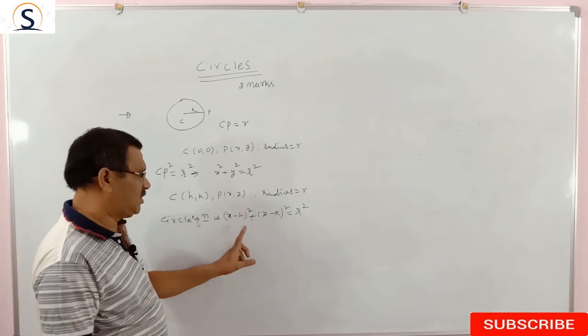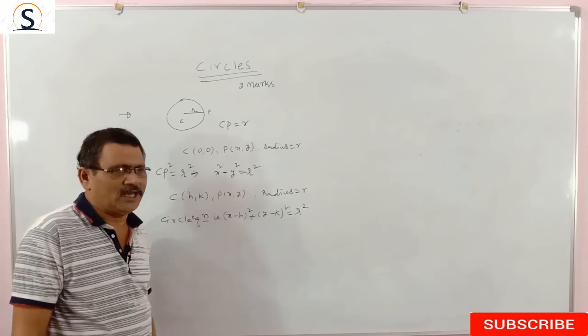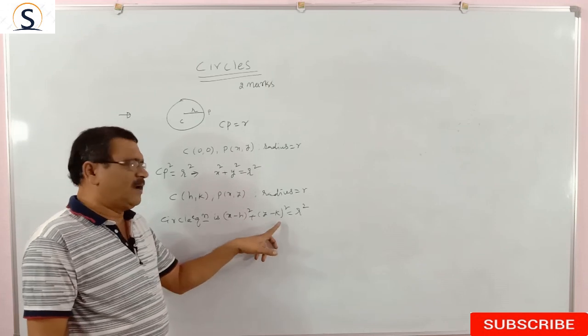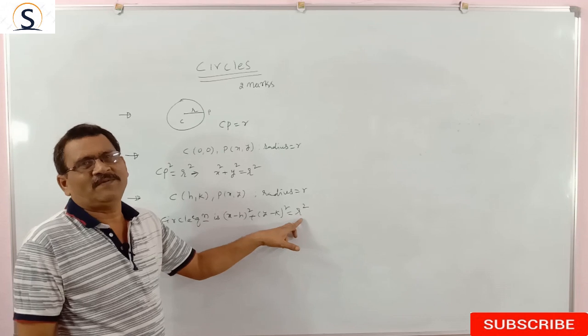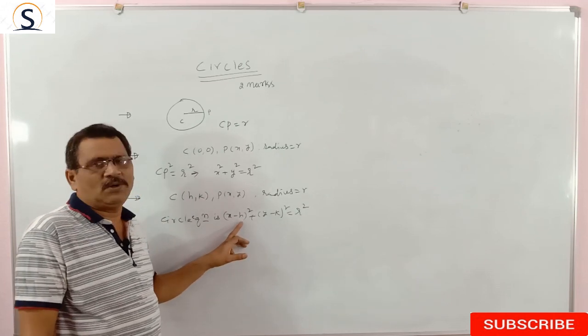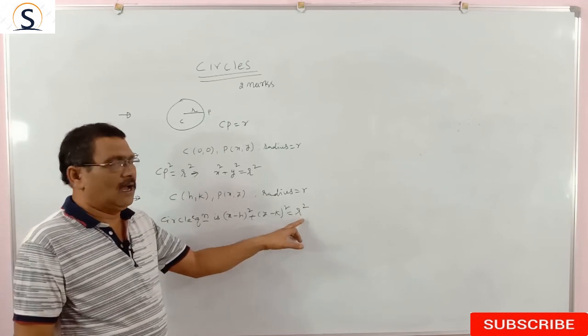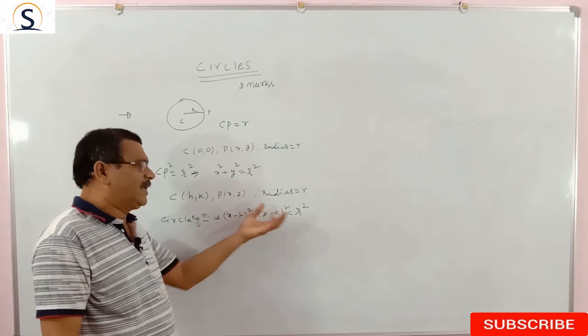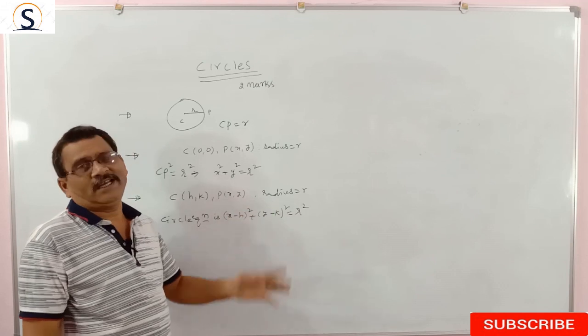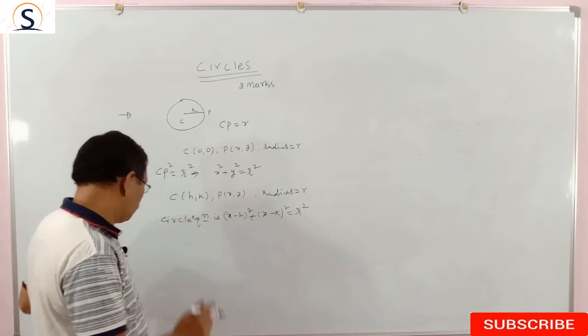This is the circle equation with center (h, k). Suppose (h, k) is (1, 2) and the radius is 5. Then place h is equal to 1, k is equal to 2 and r is equal to 5, and you get the circle equation. If you expand, you get a second degree equation in x and y.